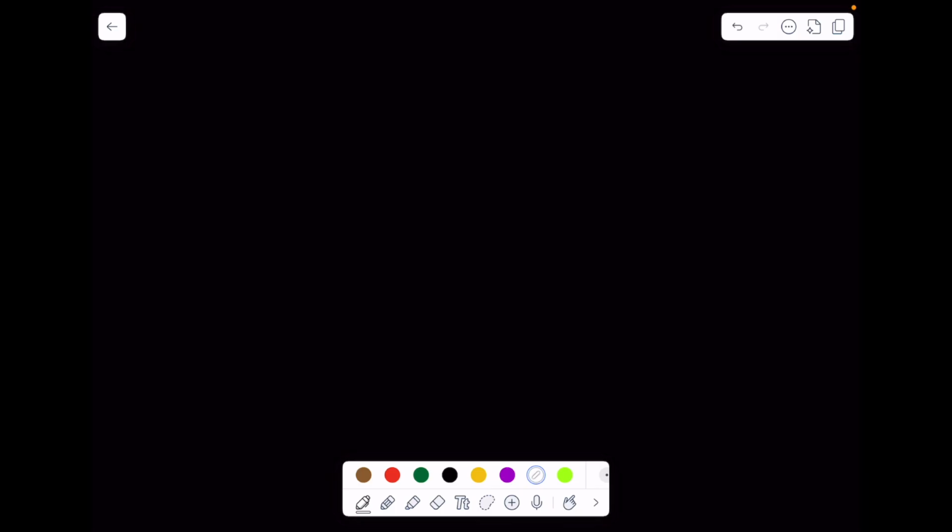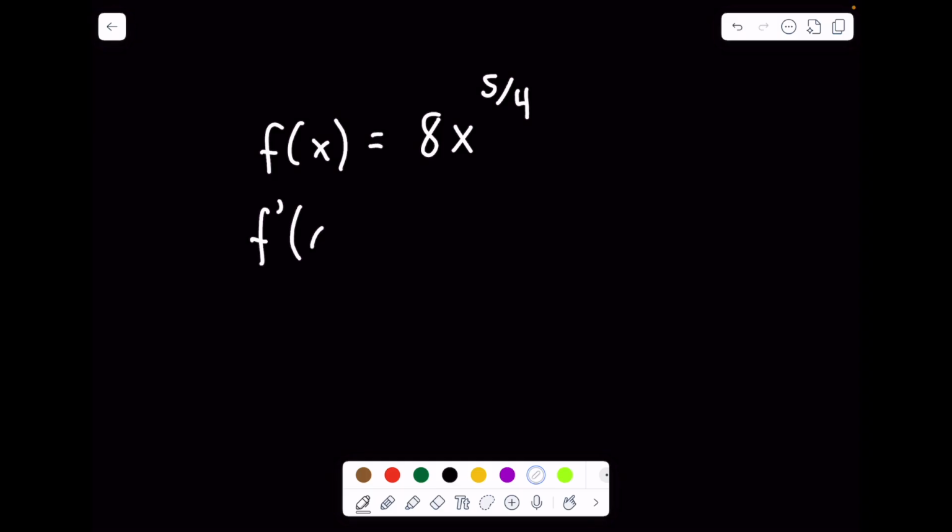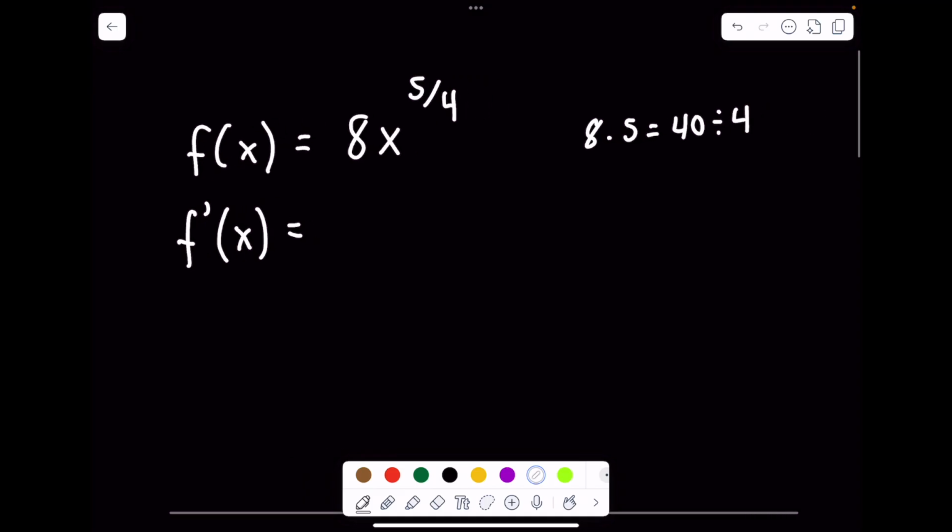Let's try another example with a fraction in the exponent. So say we're given the function f of x equals 8x to the power of 5/4. Using the power rule here to find the first derivative, we would multiply our leading coefficient by the exponent. So 8 times 5 is 40, and then we have to divide 40 by 4.